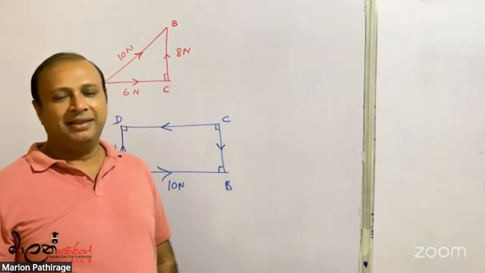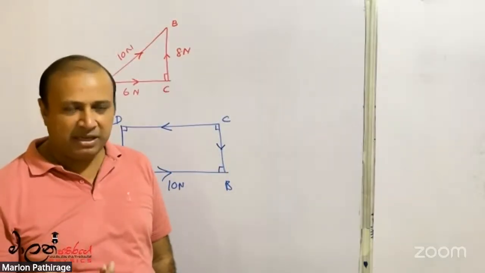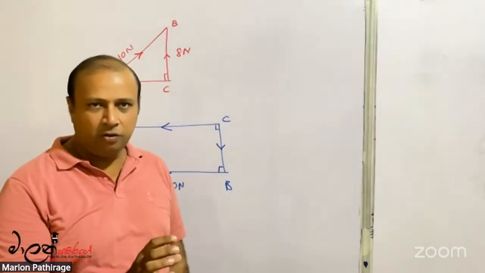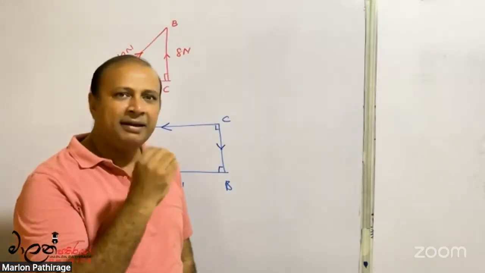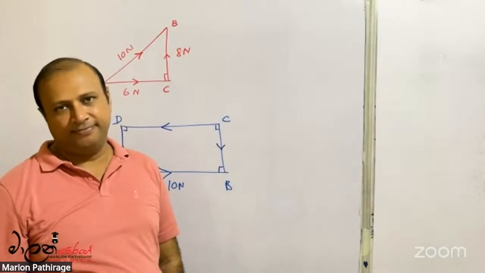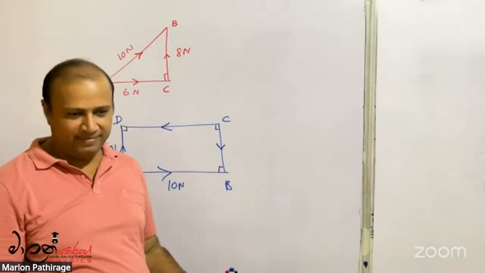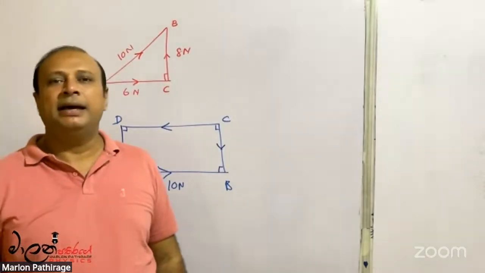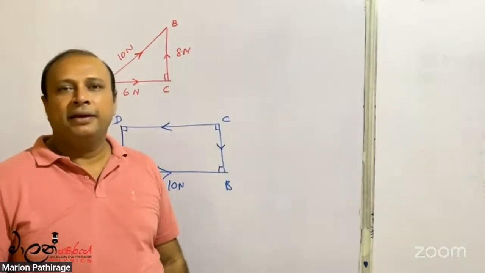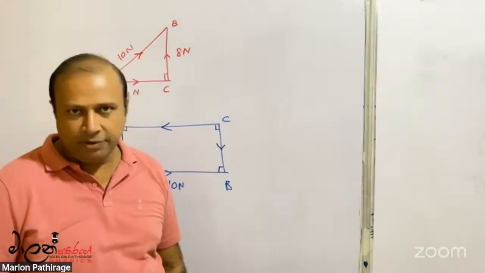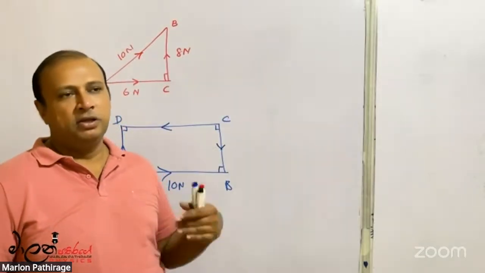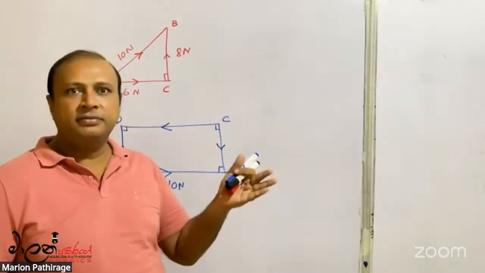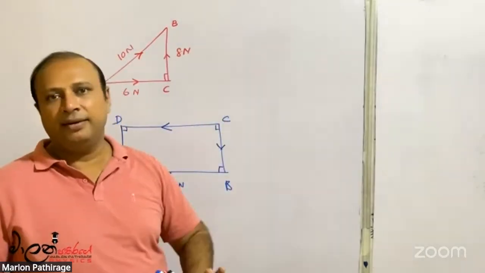Therefore, when you are saying magnitude, don't say a minus value, because magnitude is just the value of that vector, only a number. When you are saying a vector, then you can say both magnitude and direction. Okay.